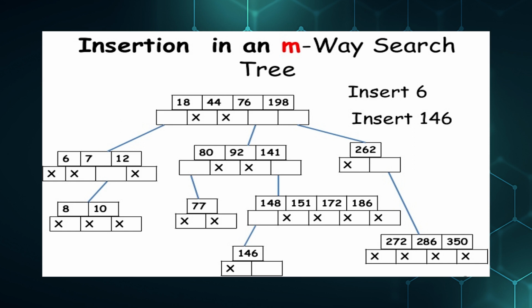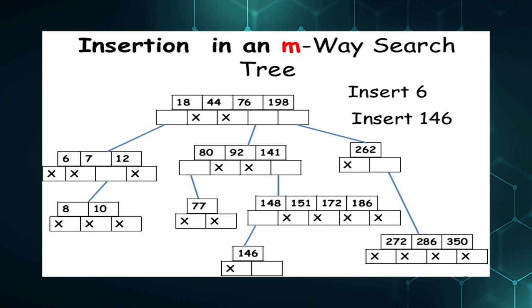But the problem is that when we connect 146 as a neighbor of 141, all the items 148, 151, which were connected previously as the right successor of 141, 172 and 186 all would lie in between the 141 and 146 child.